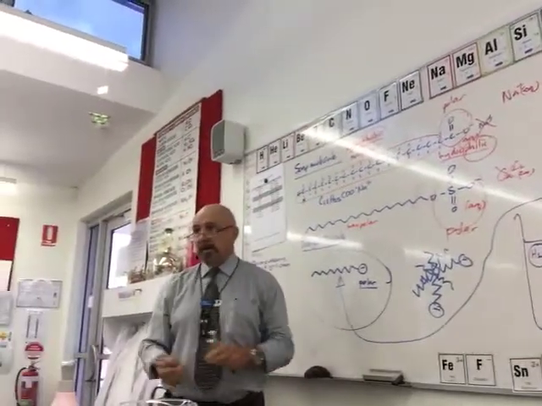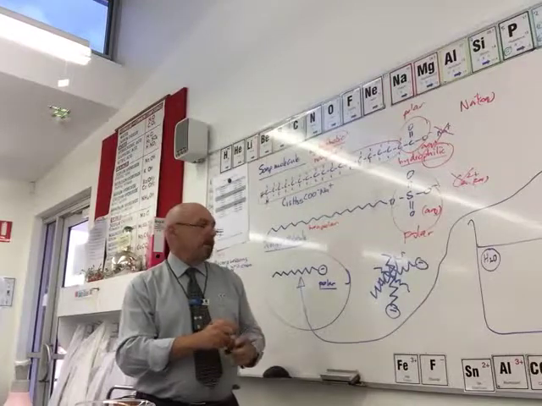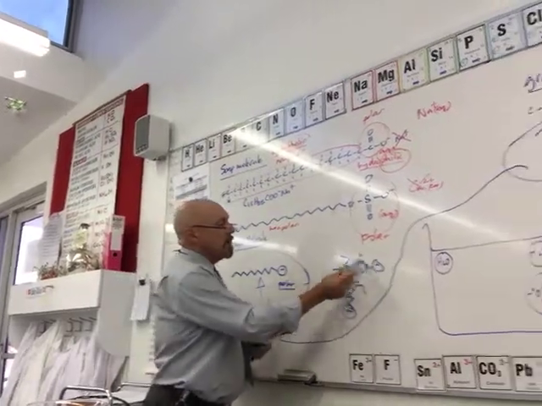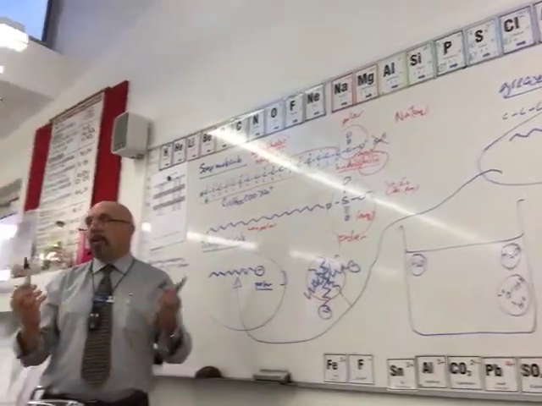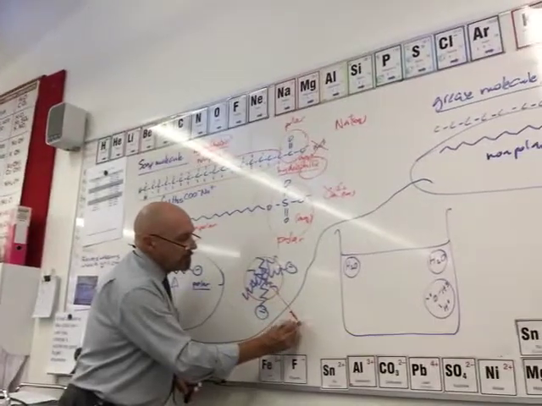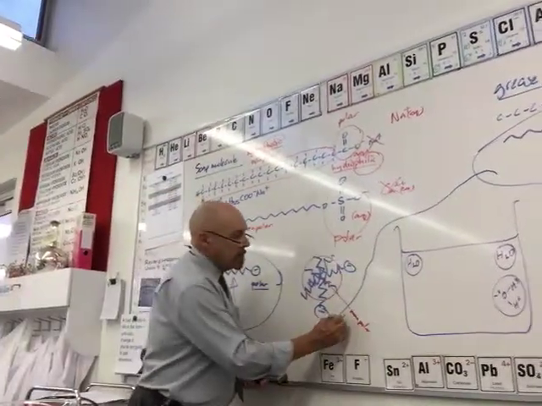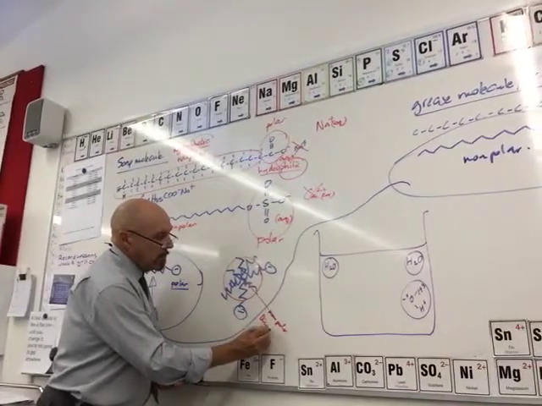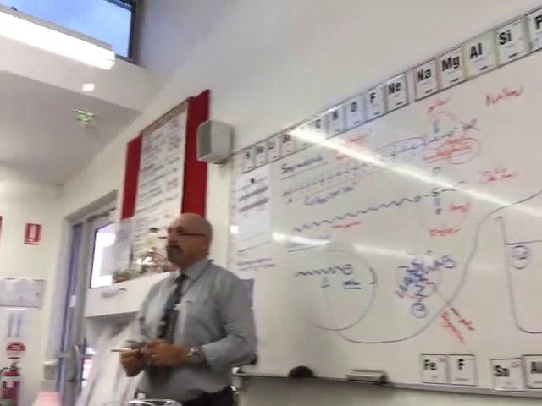I should have used a different colour for that. But hopefully what you can see is that over time, in the middle, when we let these molecules move, all of the non-polar stuff is going to be attracted towards one another because they are going to undergo dispersion in the middle.